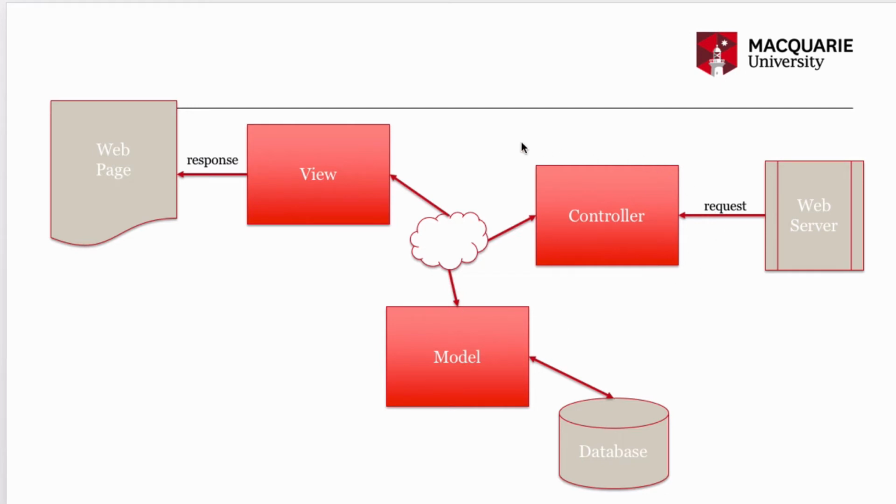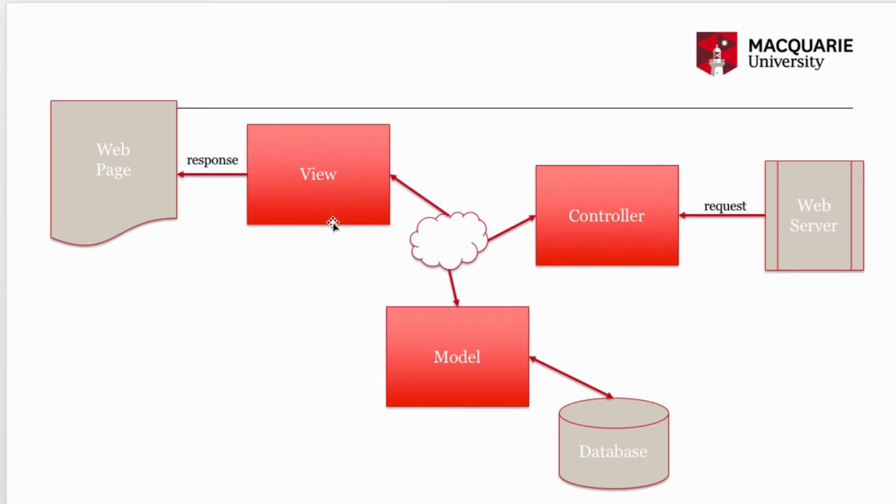And then we have the controller part. The controller part is the bit that controls the logic of the application, what happens when in response to what requests. It decides when to go and get things from the database, and it decides what views should be executed to generate the response.